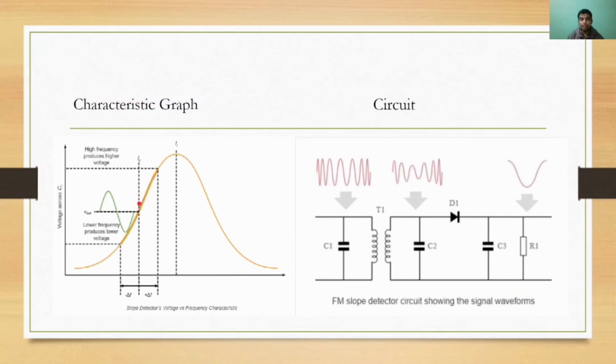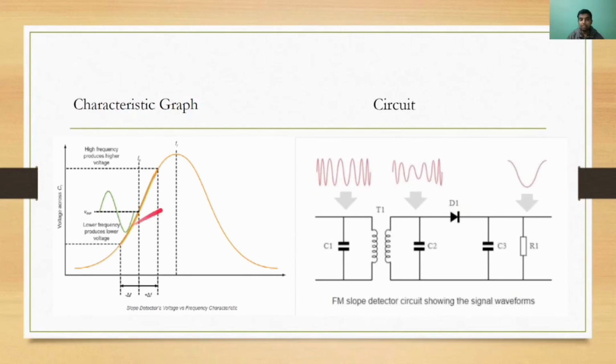So we have an amplitude according to this graph, and as you can see, this amplitude is greater in comparison to this amplitude. As we move forward, this area is a low frequency region, and low frequency from this graph means lower amplitude, which can be shown in this region. In the case of low frequency we have low amplitude, in the case of high frequency we have high amplitude.